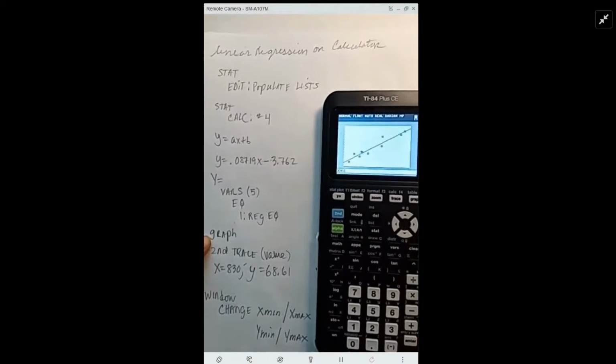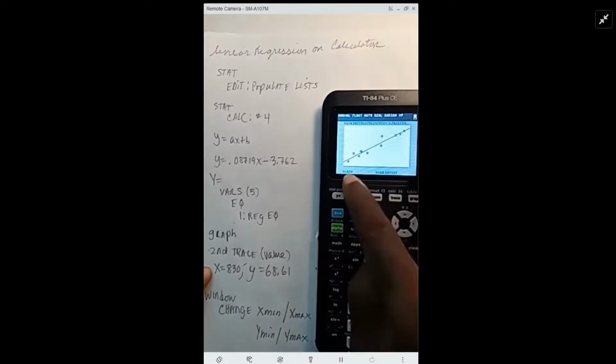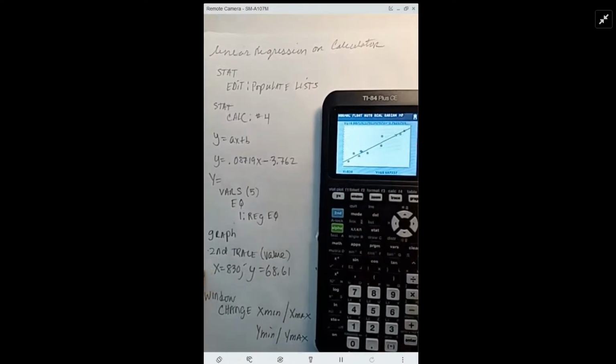So we go, and now we see our graph with our line of best fit, our regression line, already in there. We want the x value of 830, so I'll plug in 830. You see that? It puts 830 on the graph, on the line. Any value that you input here should land on the line. Say 830 was out of range.